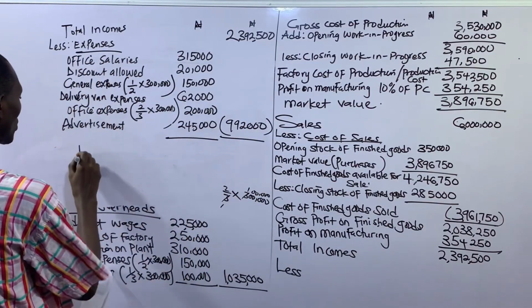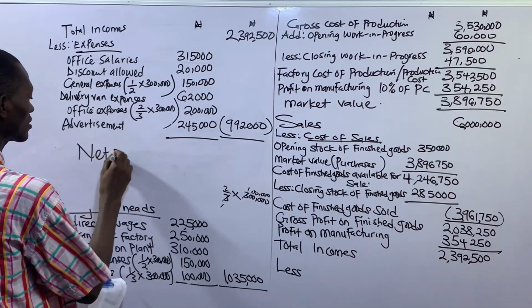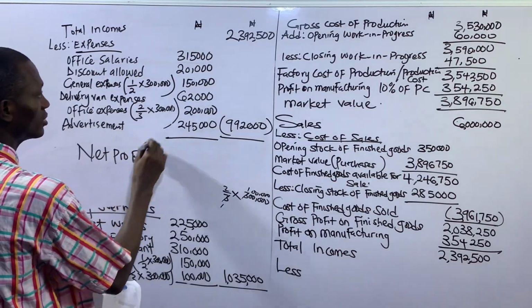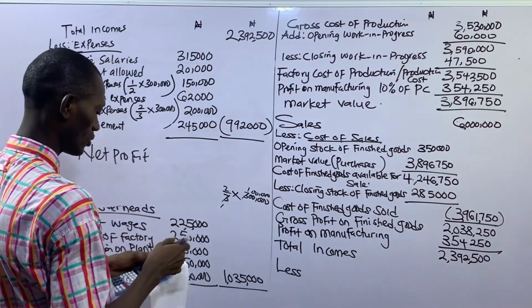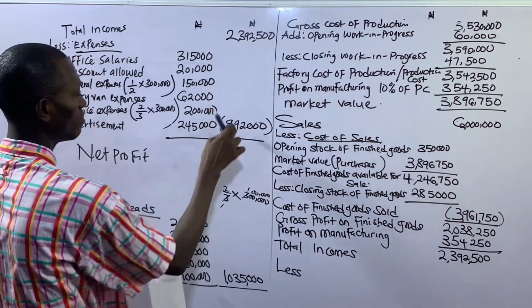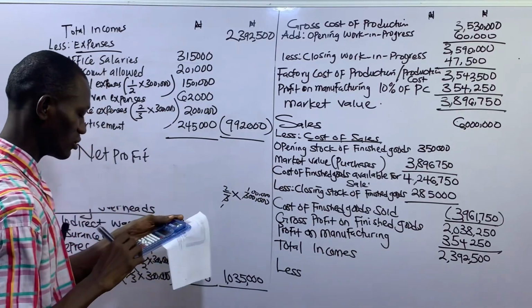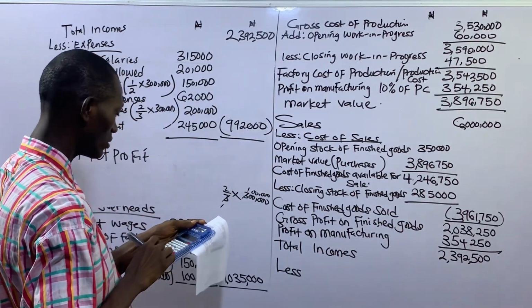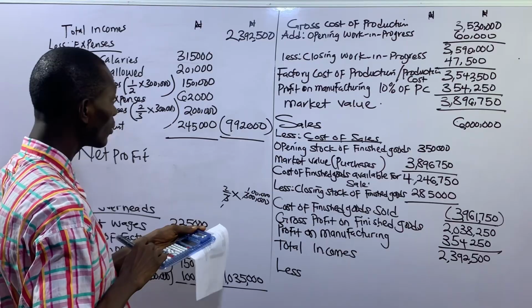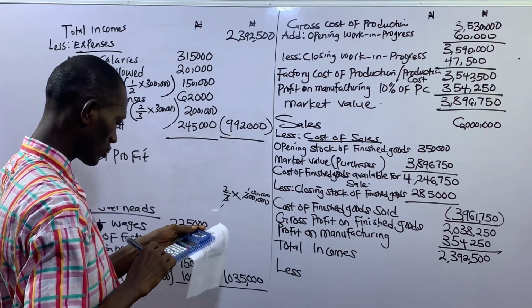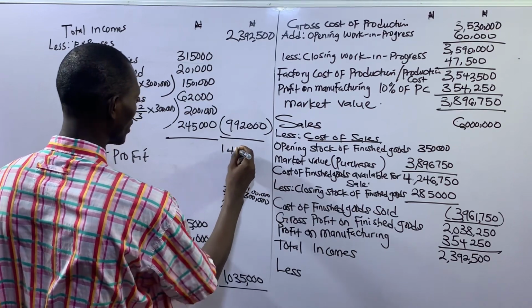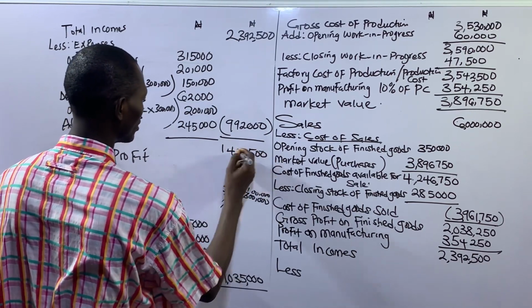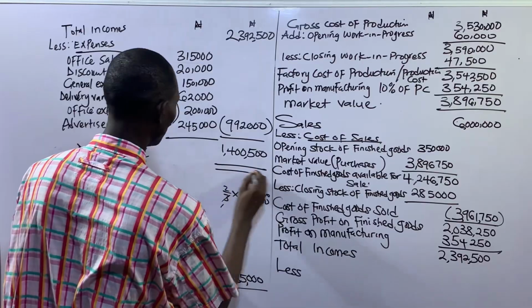Then we less it, and that gives us our net profit. It's net profit because the total income is greater than the total expenses. So total income minus total expenses gives us net profit, which is 1,400,500.